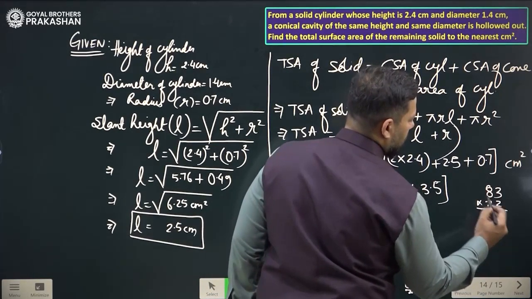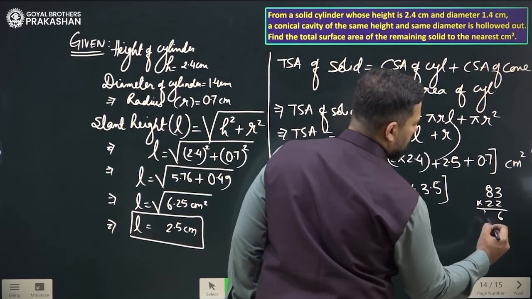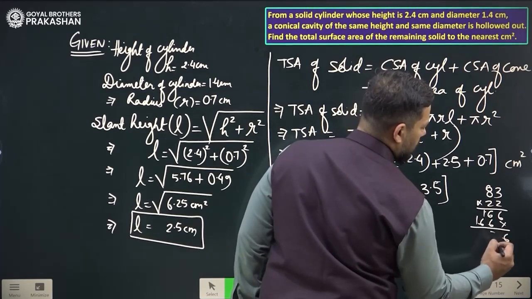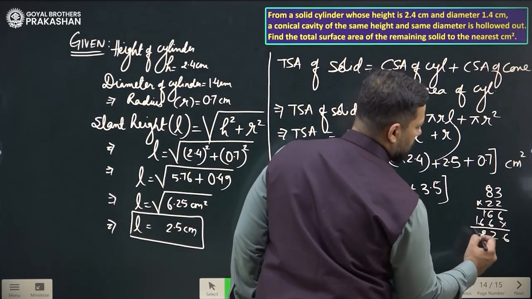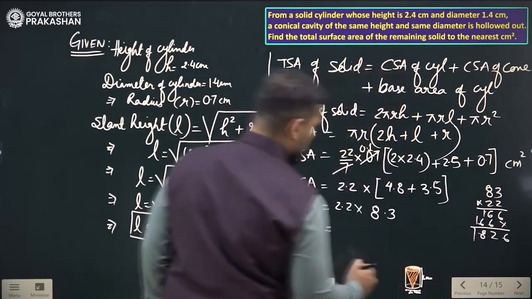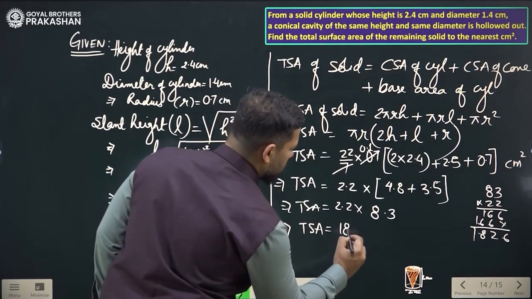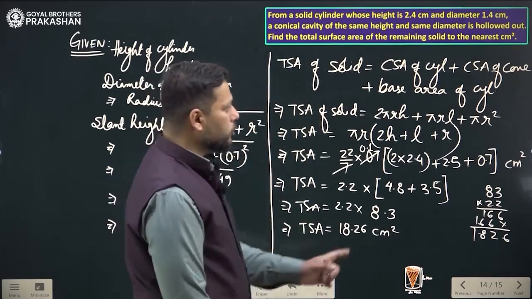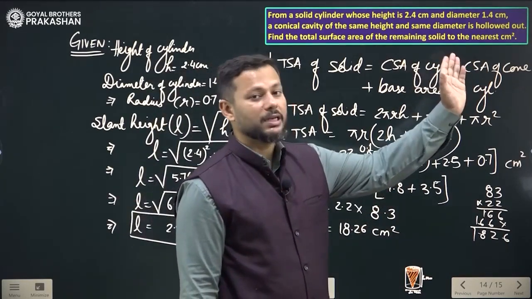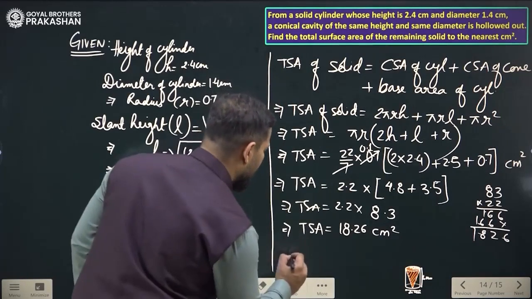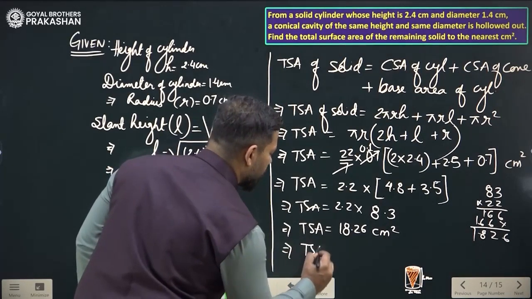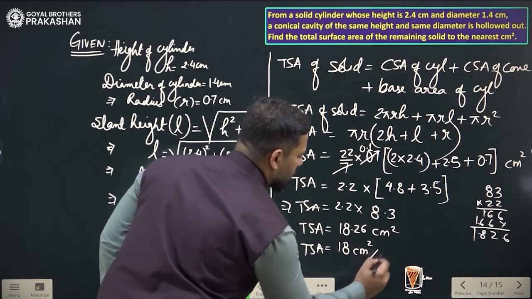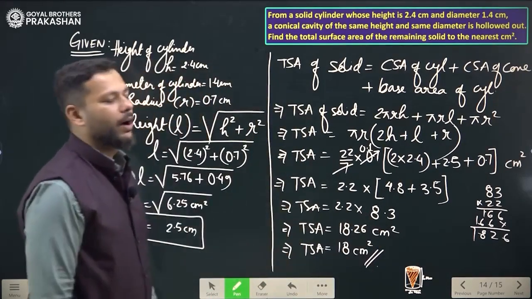It is giving us 18.26 centimeter square, and as it says, we need to write it to the nearest centimeter square. We are getting the total surface area of the solid as 18 centimeters square. This is our required answer.